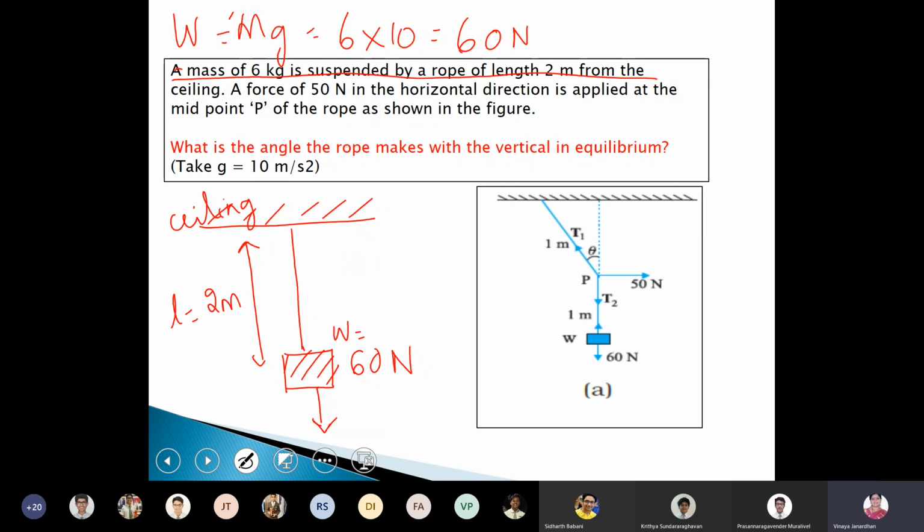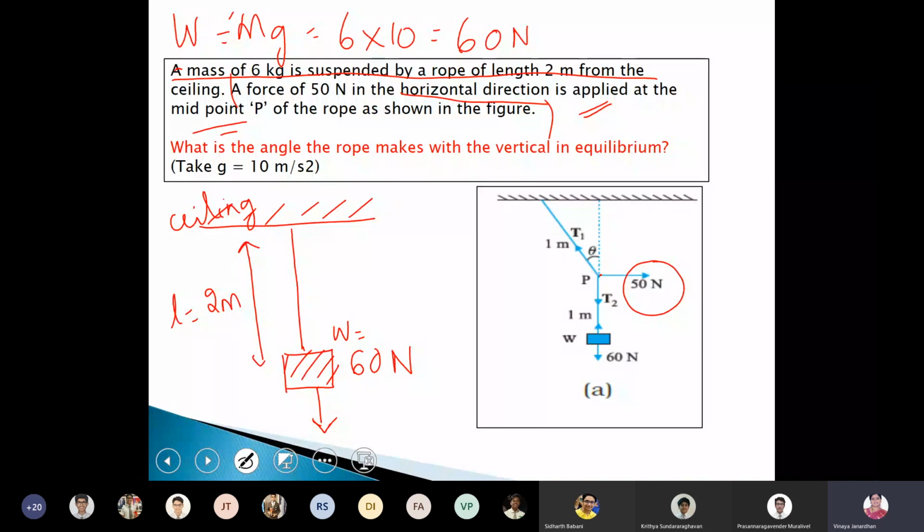Now look at the second part of the question. Can you see the force of 15 Newton over here? This force is acting along which direction? The force of 15 Newton is acting along the horizontal direction. Now, where is this force applied? The force is applied at the midpoint P.